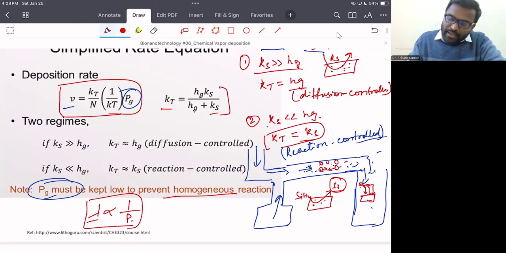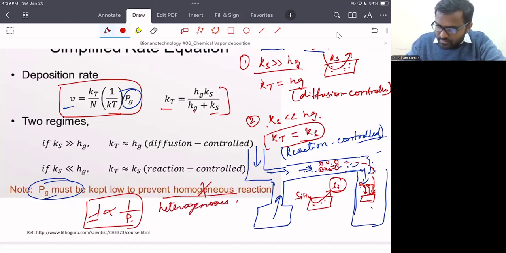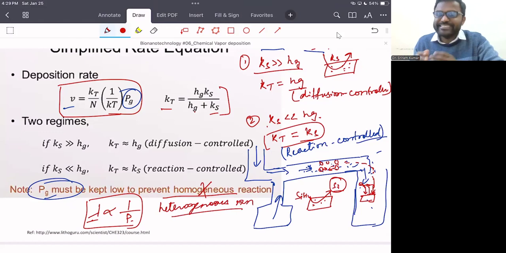But at very low pressure, what happens? The mean free path is higher. In that case, there is a chance of this material coming to the substrate surface, and we will get heterogeneous reactions. We don't need homogeneous reactions. We need heterogeneous reactions. That is the desirable process in a chemical vapor deposition system.